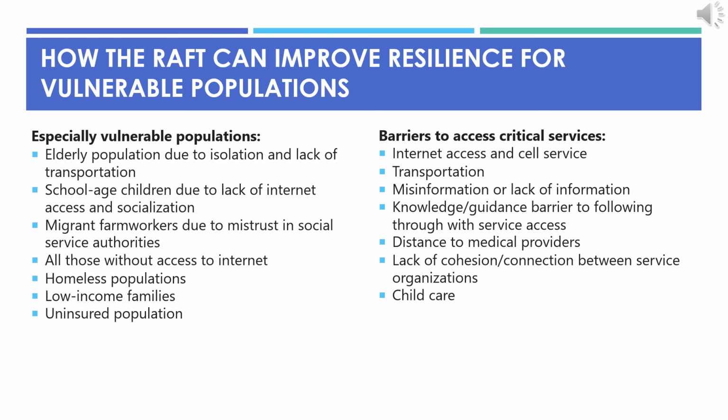More importantly, this research identified barriers to accessing critical services, which will be important for our efforts to better meet the needs of vulnerable populations and increase their resilience not just to coastal hazards, but also more broadly.